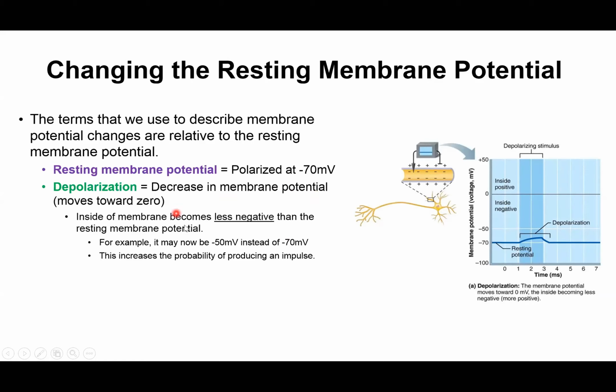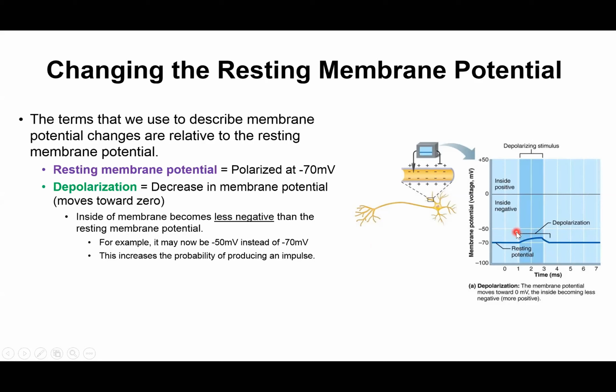The inside of the membrane is going to become less negative than what the resting membrane potential was. For example, if we have our resting membrane potential at minus 70 and we go through a depolarizing state, maybe it becomes minus 50 millivolts instead of minus 70.